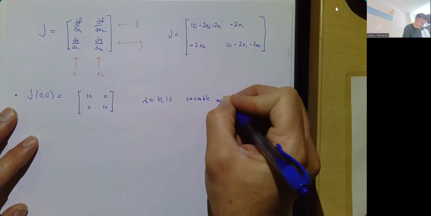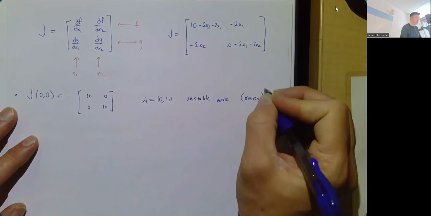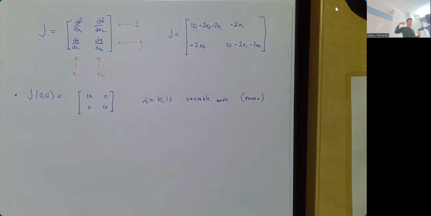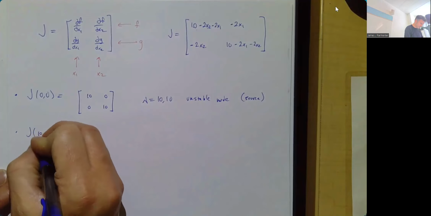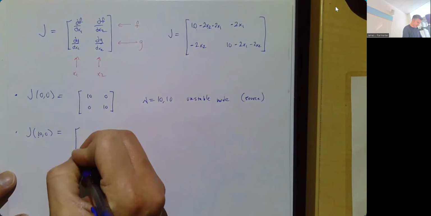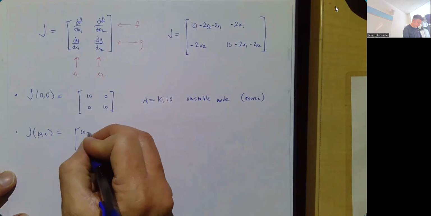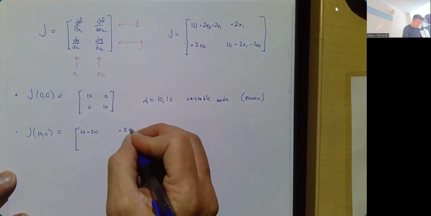The nice thing about a lot of these problems is that often you end up with matrices where you get a 0 in a convenient spot, and your eigenvalues are really easy to see. That's why we talked about it, really, because this kind of thing happens often. Let's look at J of 10, 0. Plug in 10 for x1 and 0 for x2, I'm going to get 10 minus 20, and then a minus 20, and then a 0.